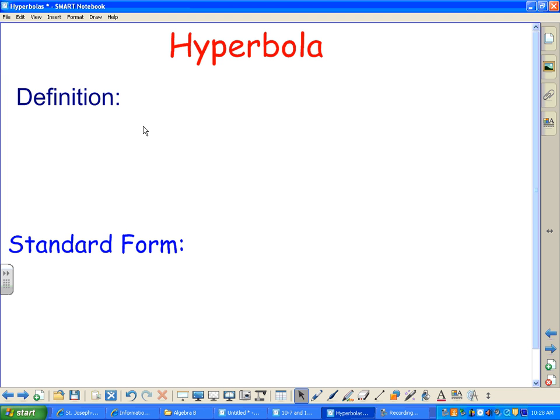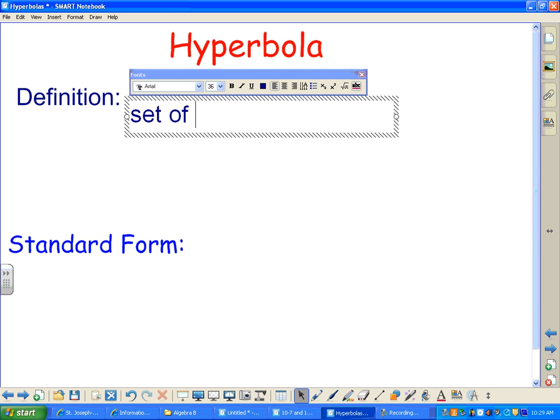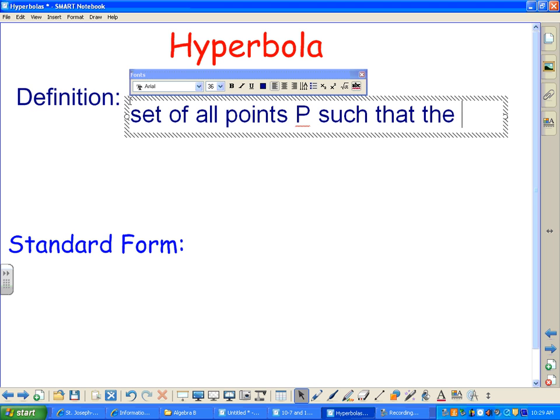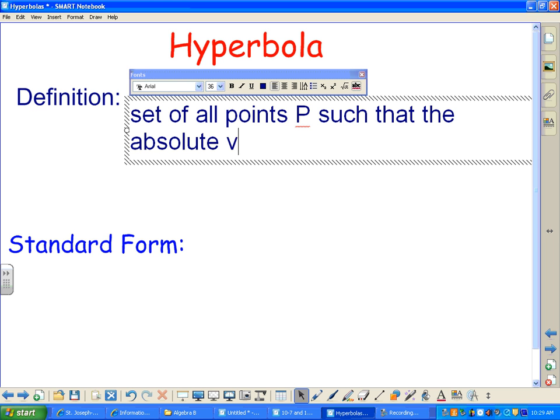Hyperbola, definition. Guess what? Just like all the other ones, the definition of a hyperbola starts out as, okay, so here it is. It's the set of all points P such that the absolute value of the, any ideas? For an ellipse, we did the sum of some distances. Guess what this one is?